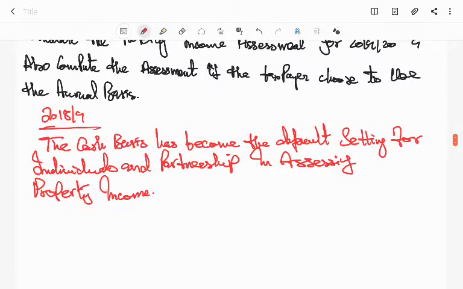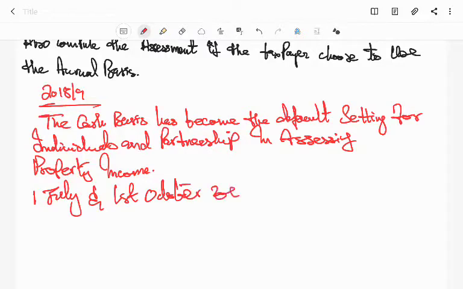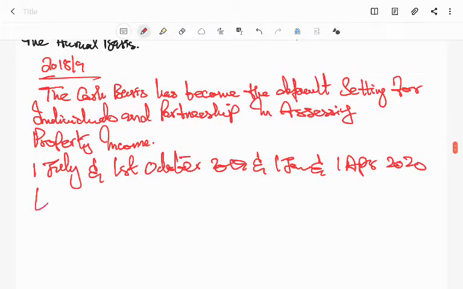If the rental income is received quarterly in advance, then amounts would be received on 1st July and 1st October 2019, and then 1st January and 1st April 2020, and the amount is £6,000.